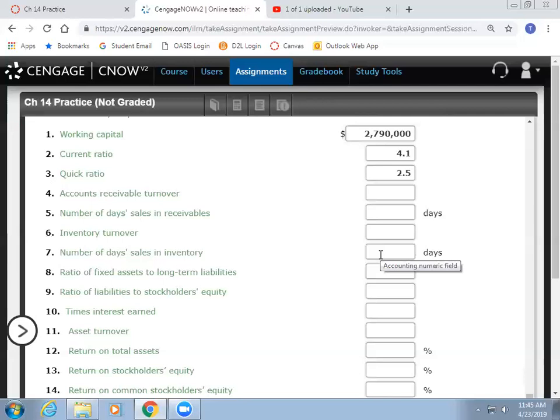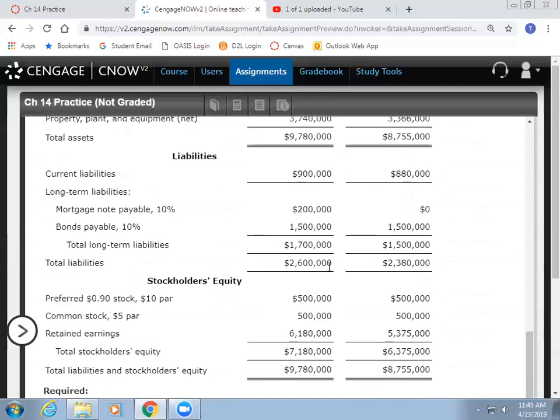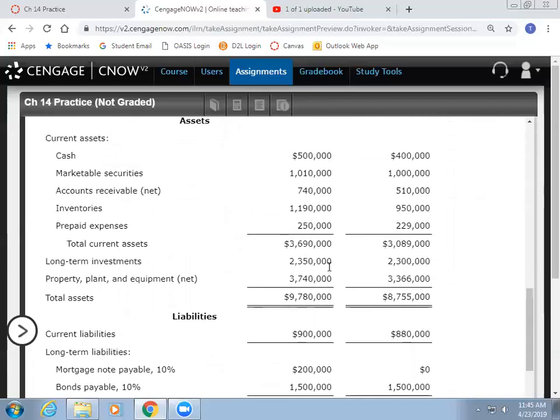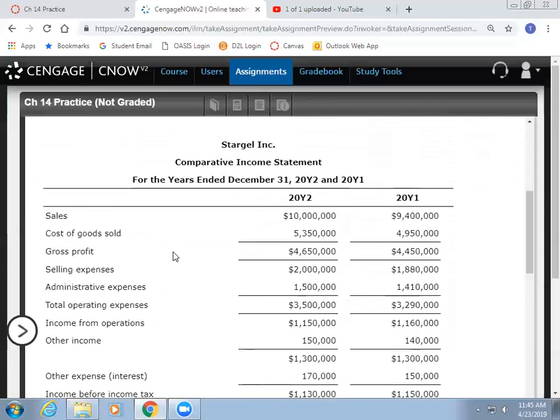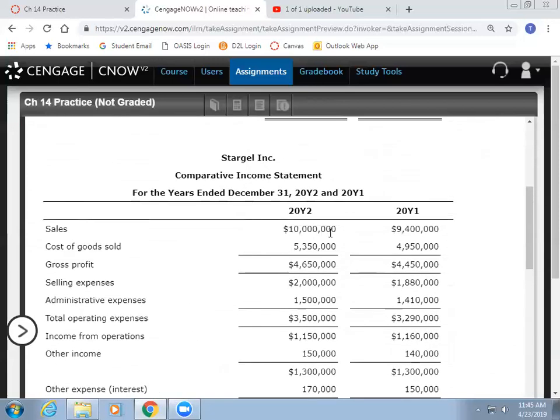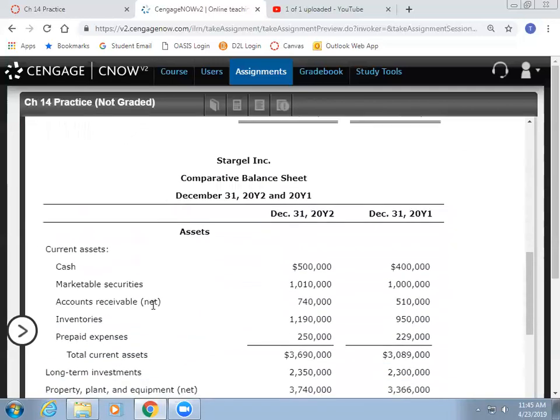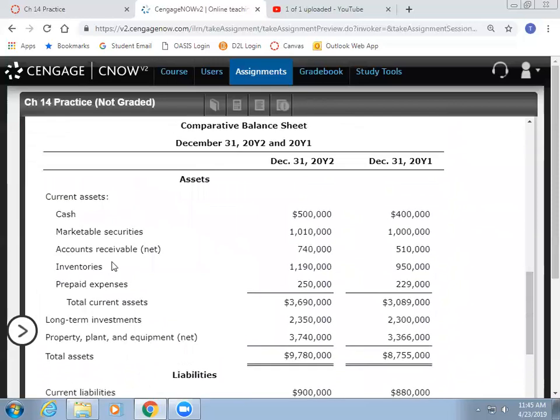So sales will be what we divide into. Where's sales? Sales is on our income statement. So sales is 10 million, okay? And then I'm going to go to my balance sheet and find an average accounts receivable.